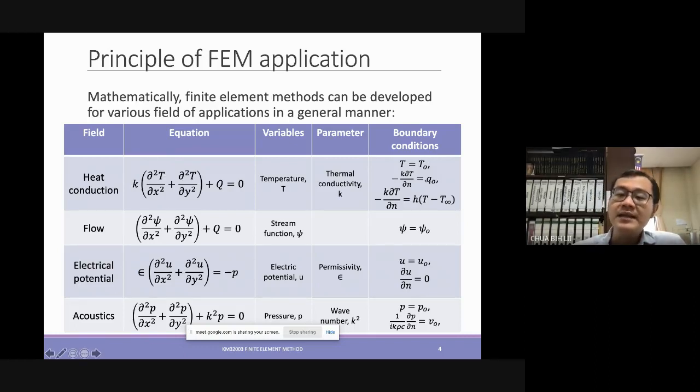Next, we can also include the rate of heat loss, which represents the convection of the model, how the heat is lost from the surface.